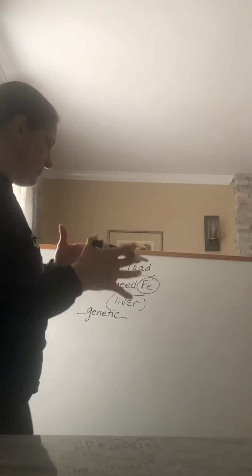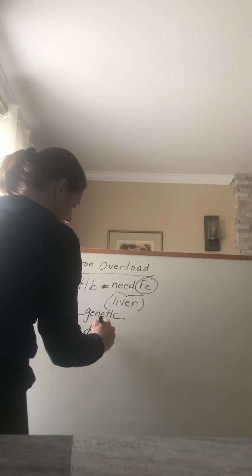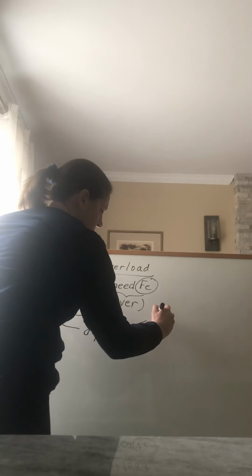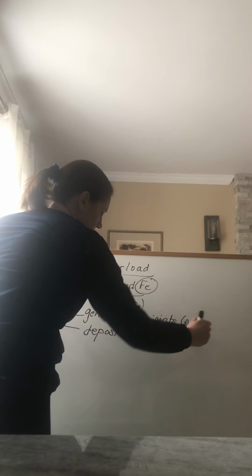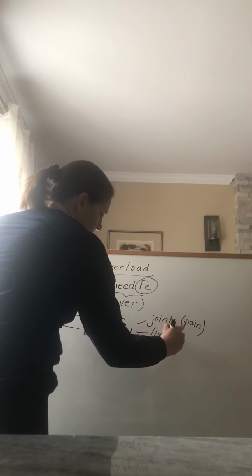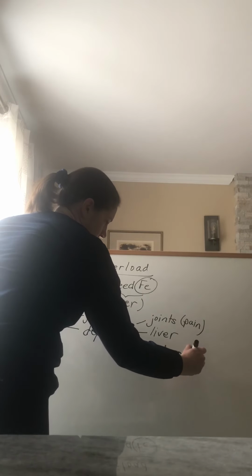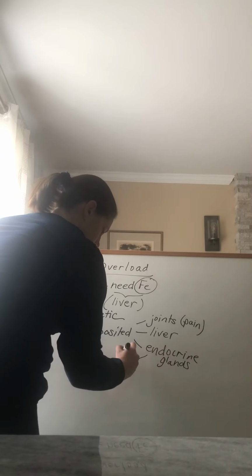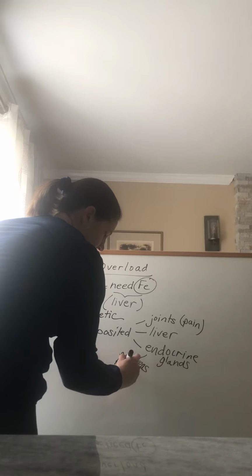The problem becomes that excess iron is deposited in certain spots, like joints, which obviously would cause a lot of pain, in the liver, and certain endocrine organs. Things like the pancreas can affect some of the reproductive organs.